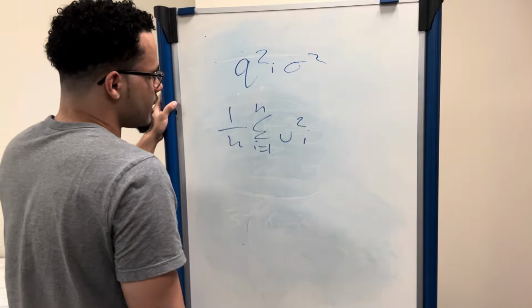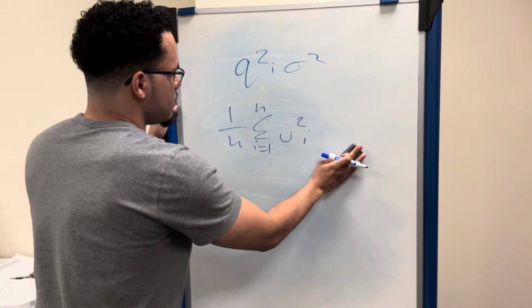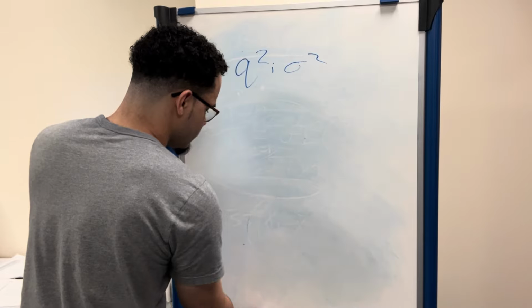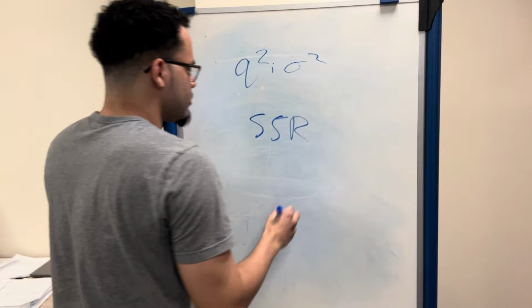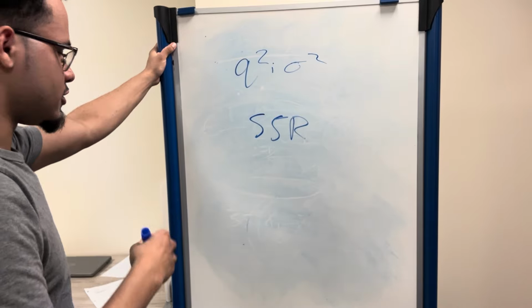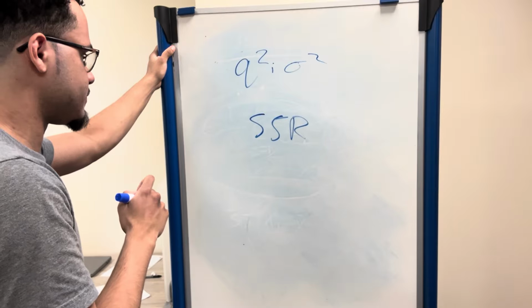And that would lead us to the sum of the squared residuals, because our unobservable squared is just our estimated sum of the squared residuals, right?